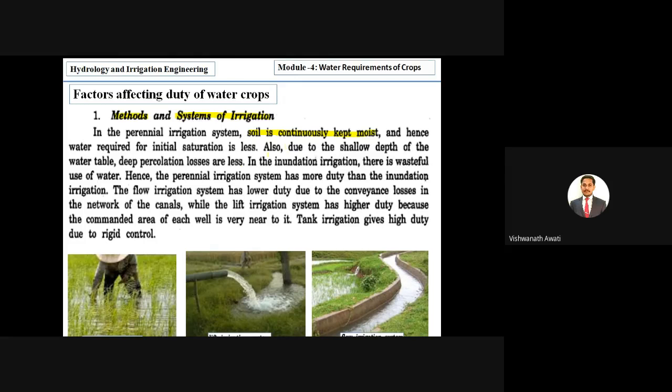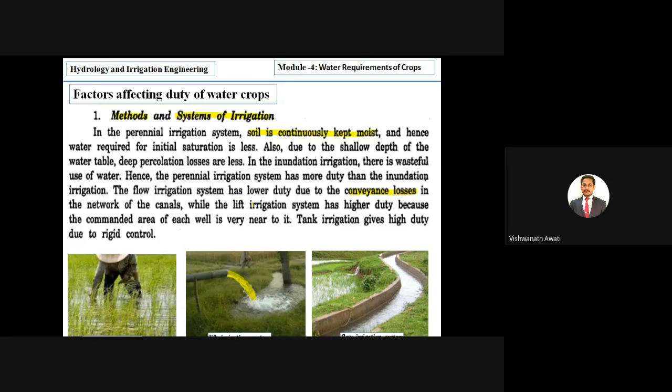Then flow irrigation has lower duty due to conveyance losses, right? Flow irrigation is done with the help of canals, and due to the conveyance losses, duty will be less. While lift irrigation has higher duty. We are using lift irrigation from the borewell, and since we irrigate nearby the source, we can cover more area with the available water.